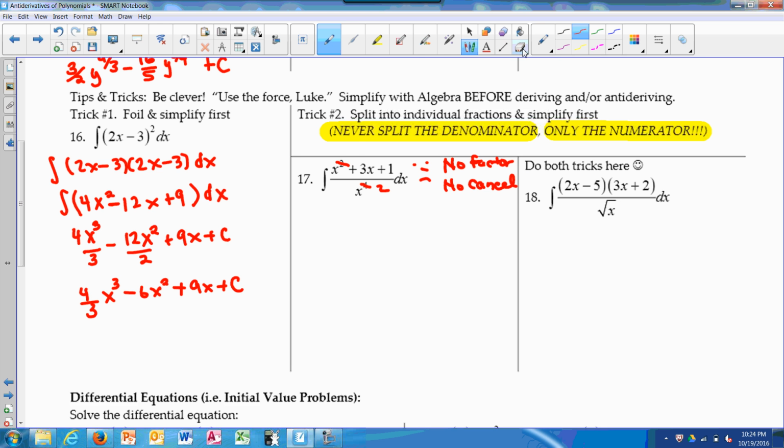That means we're going to have to split this up to do this correctly. I really think of this as x squared being divided by x to the fourth, 3x being divided by x to the fourth, and 1 being divided by x to the fourth, and our integral is dx. I'm going to rewrite as one power rule for each. So this is really x to the negative 2.